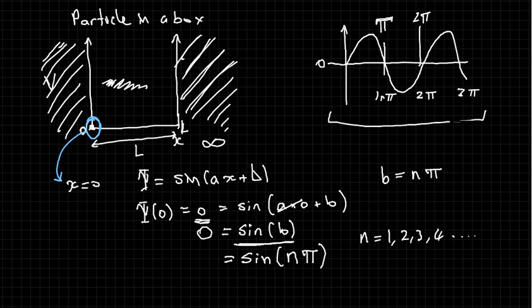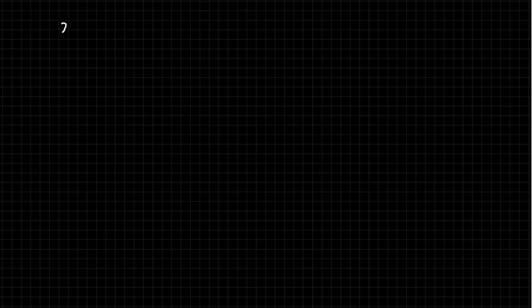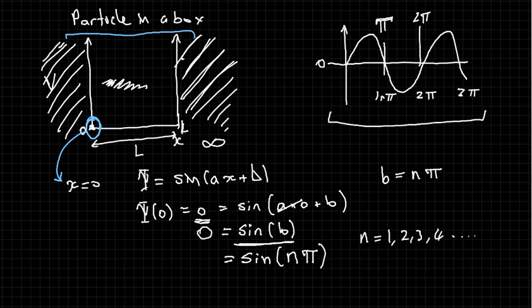And so the condition is that b has got to be an integer, which we call n, times pi. An integer is just the counting numbers. And so n can be equal to 1, 2, 3, 4, and so on. This is the condition for what b is. So b has got to be equal to some integer multiple of pi, and that's just found out through a simple knowledge of what a sine function is.